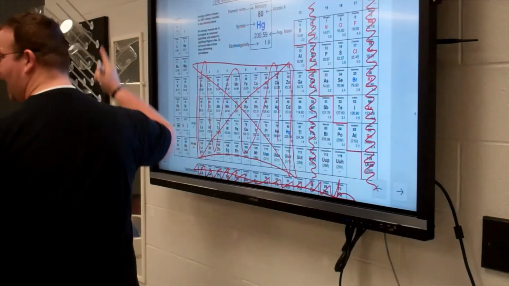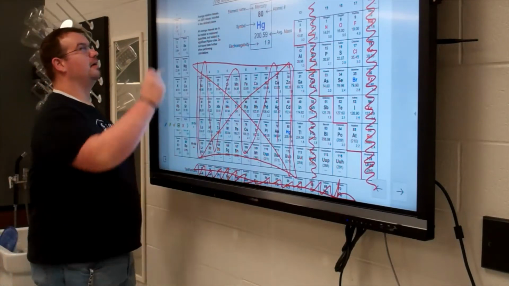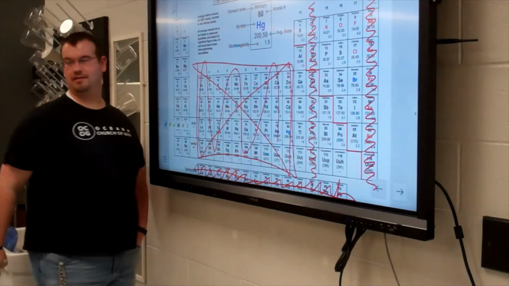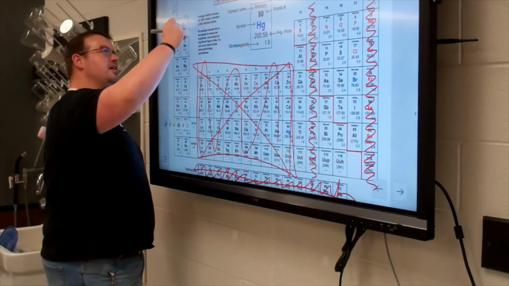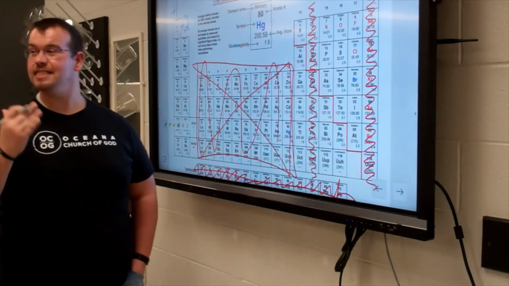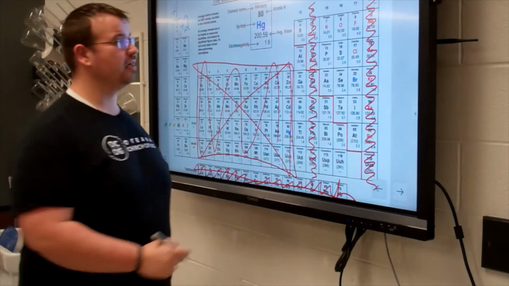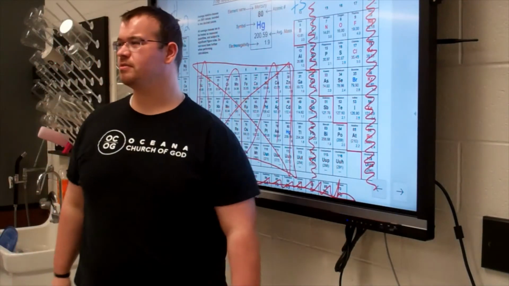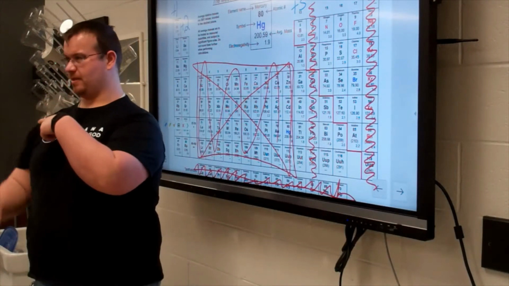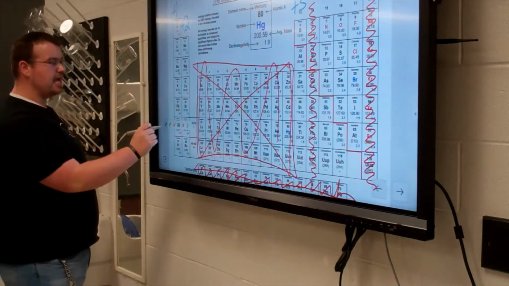Column 1 has a charge of plus 1. Column 2 has a charge of plus 2. Column 13 has a charge of plus 3. The 14th column is a reminder for me now, I'm flipping. So I change it.